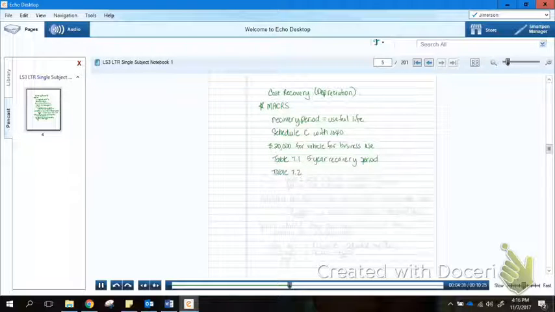So, for example, if I'm looking at this vehicle, which has a 5-year life, I'm going to look in the second column, which is for my 5-year assets. Okay, and it tells me that in year one, I'm going to take 20% of the cost. In year two, I'm going to take 32% of the cost. So I'm going to deduct a percentage of the cost of this vehicle every year.